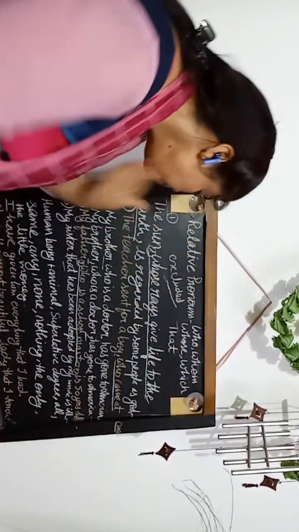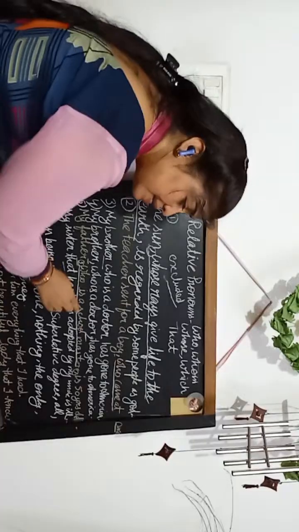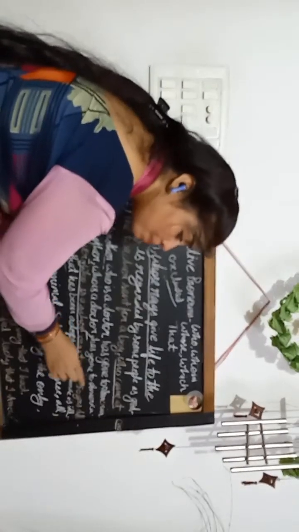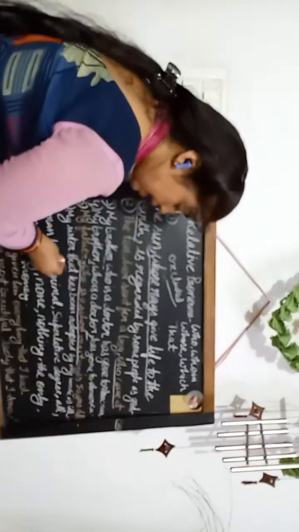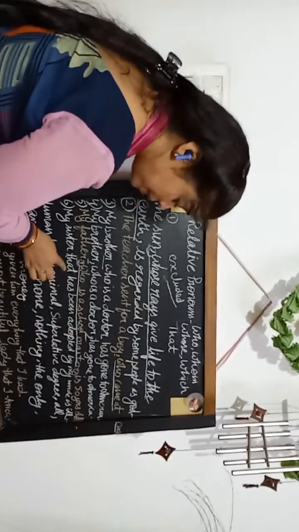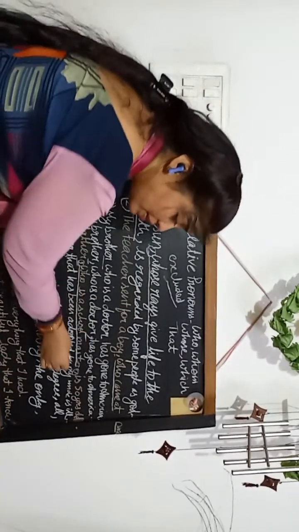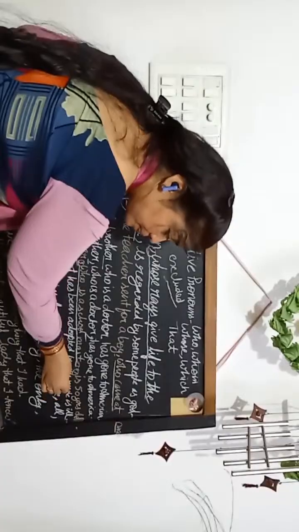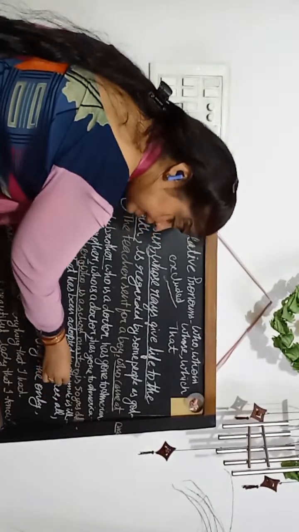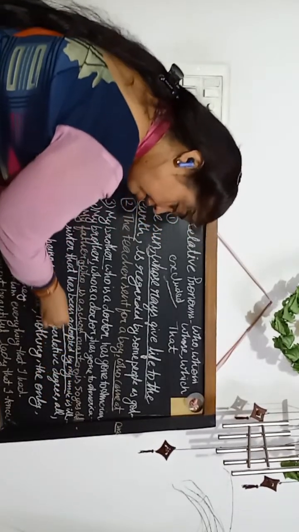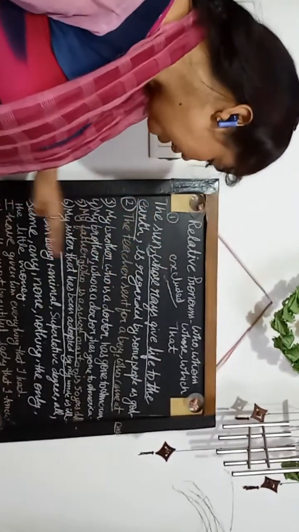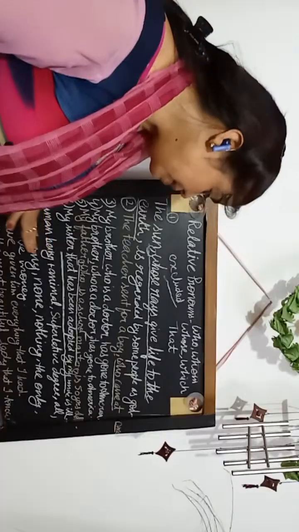So my sister that has been adopted by my uncle is ill. That means I have many sisters, and particularly I'm talking about that sister, so that easily you could identify about whom I'm talking. Now next, here you can see human beings and animals.